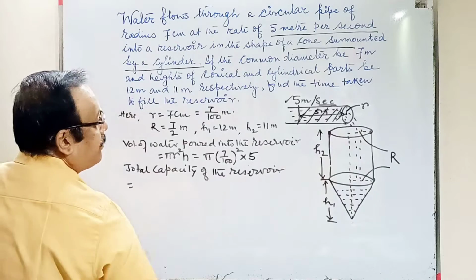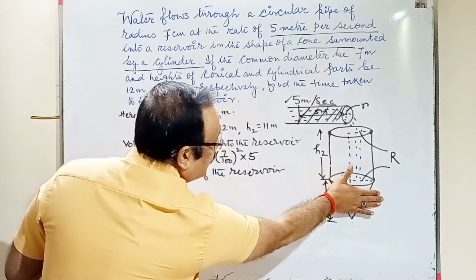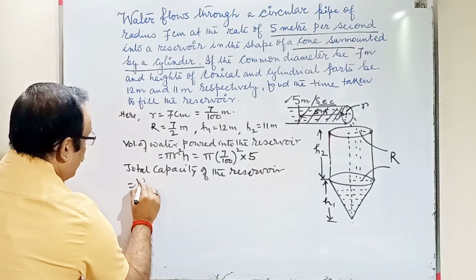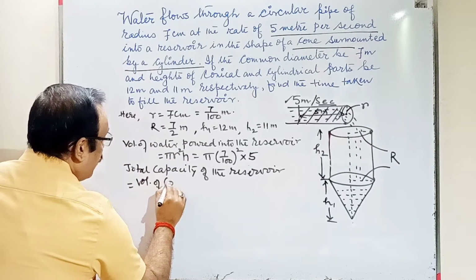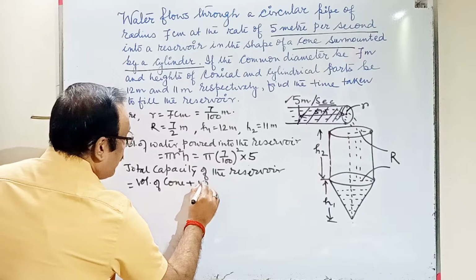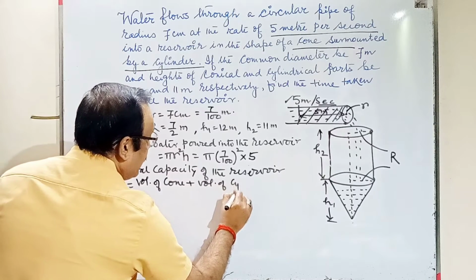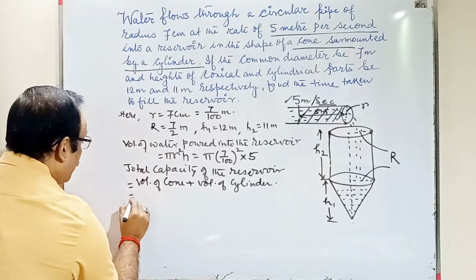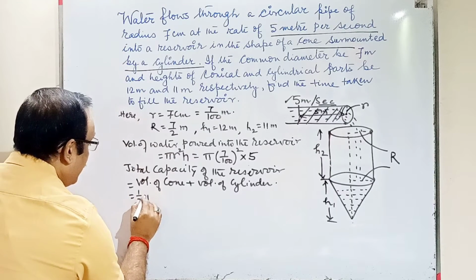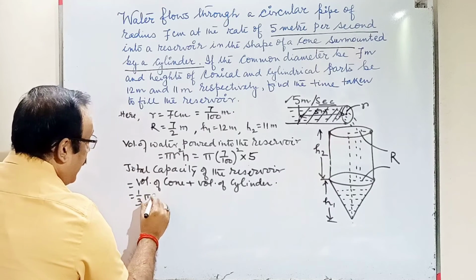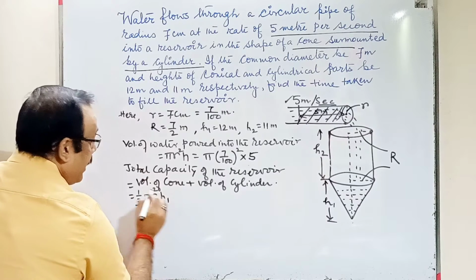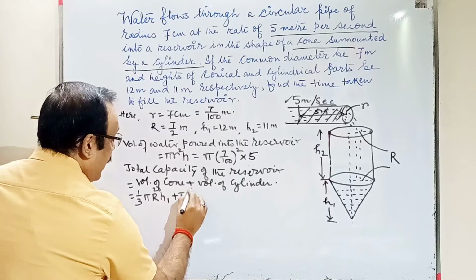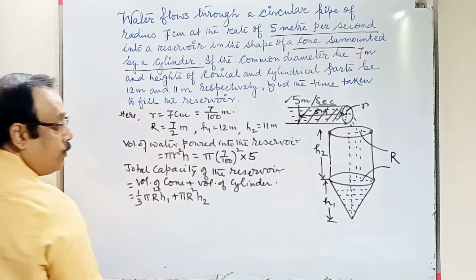So total capacity of the reservoir will be what? Will be volume of this cone plus volume of this cylinder. So that will be equals to volume of cone plus volume of cylinder. What is volume of cone? Volume of cone is 1/3 pi r square h1 plus pi r square h2.